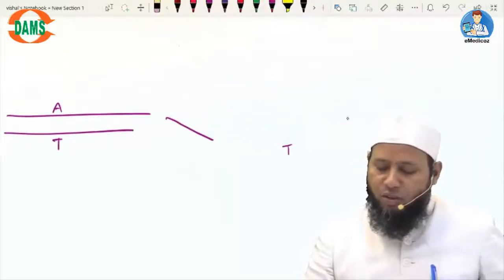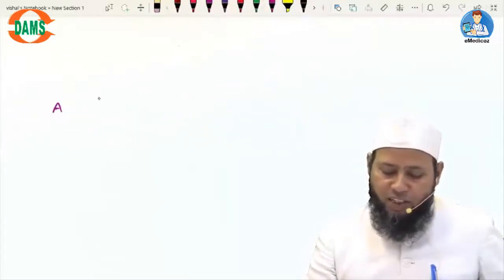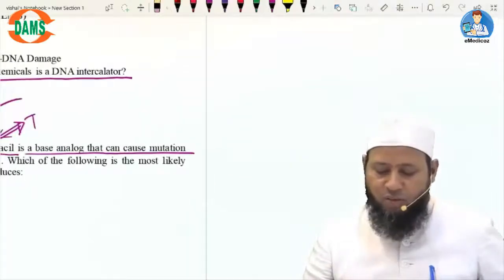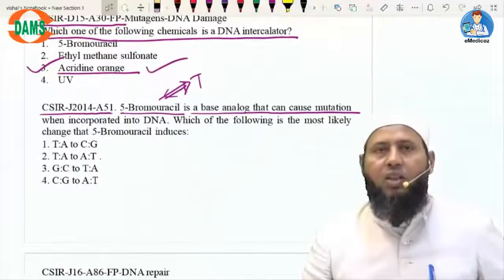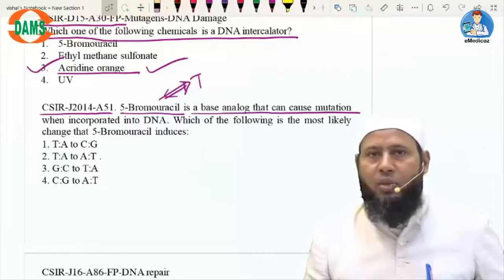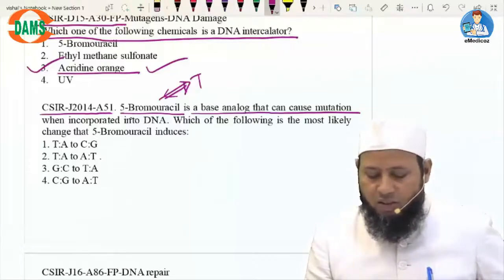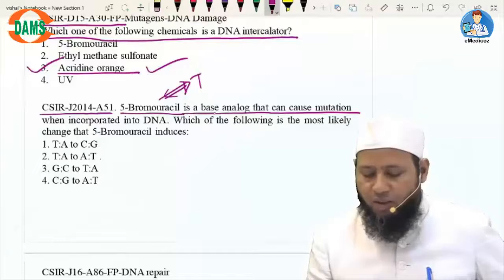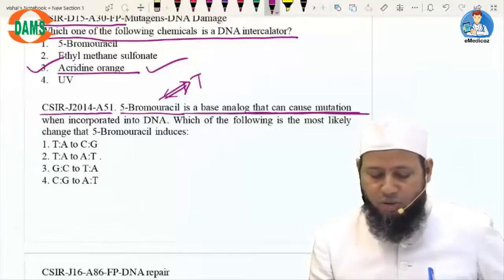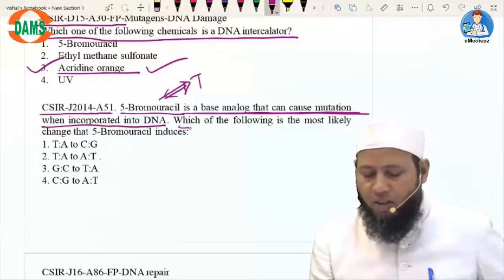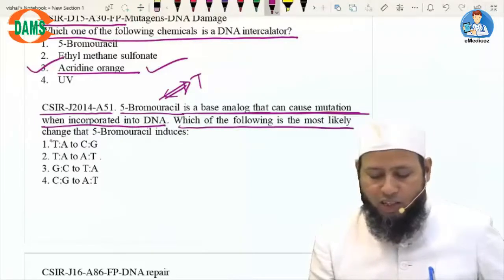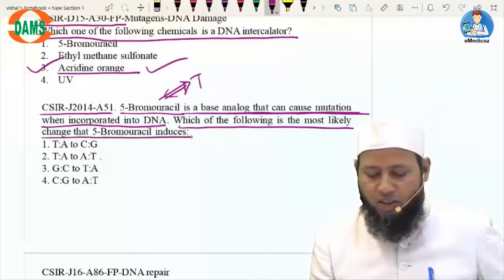And once the bromouracil incorporates, in the next round of replication it will behave in a different fashion. It will behave like a T, and it can behave something differently also. So here the question is, the bromouracil is a base analog that can cause mutation when incorporated into DNA during replication. Which of the following is the most likely change that bromouracil induces?